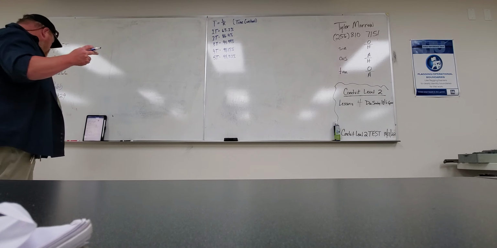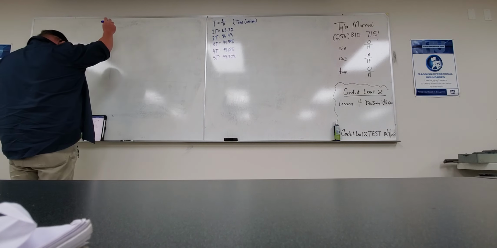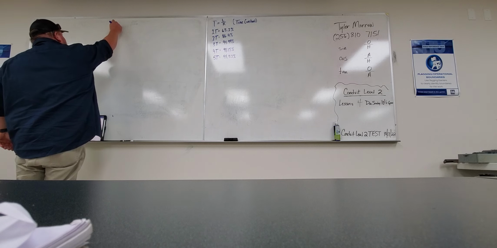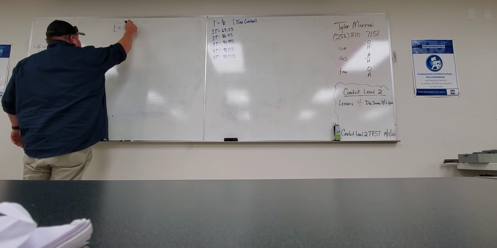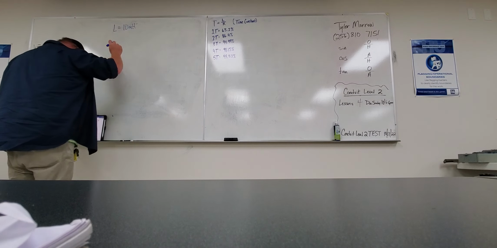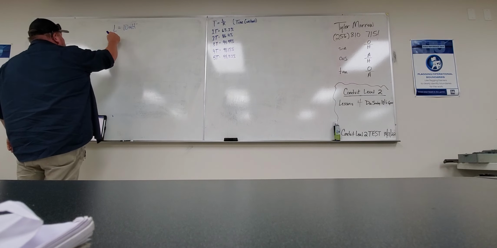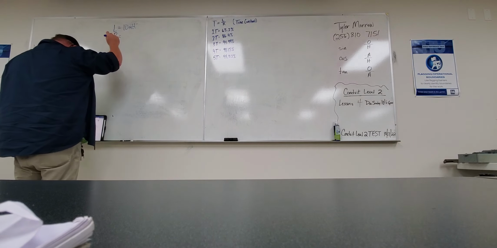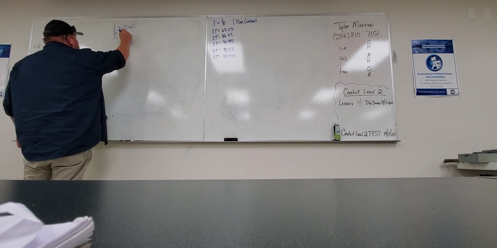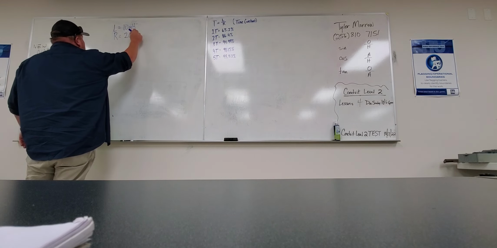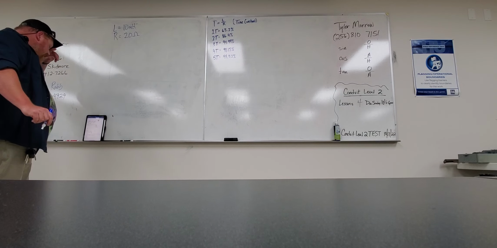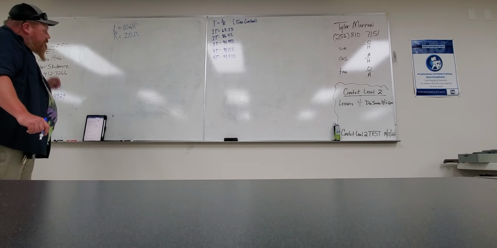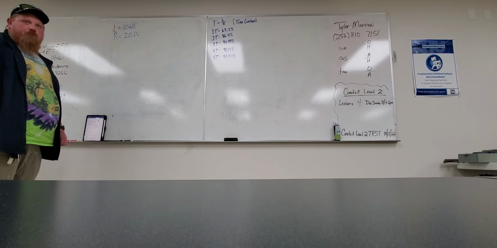Alright, so in this circuit we have a 10 millihenry inductor and a 20 ohm resistor. So how long is it going to take for the current to reach the maximum value?